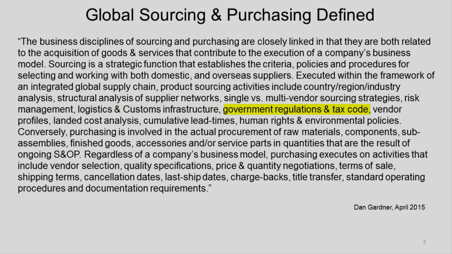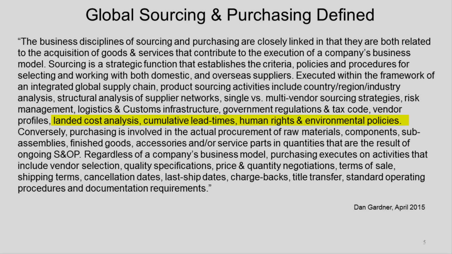Government regulations and tax codes, vendor profiles, of course, landed cost analysis, cumulative lead times, where the cornerstones that we were talking about, two of them here, really come into play. And of course, human rights and environmental policies. We, as responsible corporate citizens, here in the United States and abroad, part of our sourcing strategy has to consider things like forced labor, slave labor, the inability to form unions.